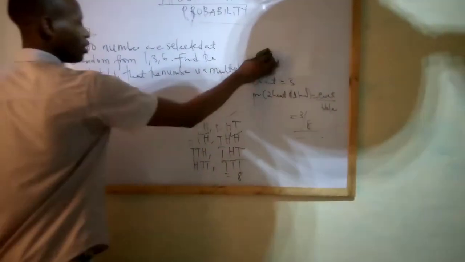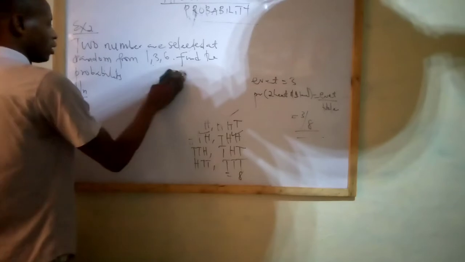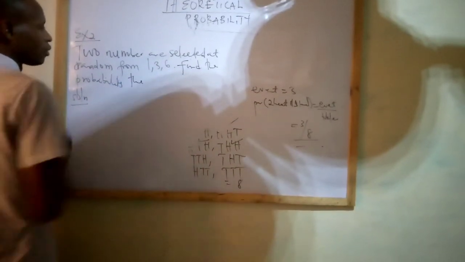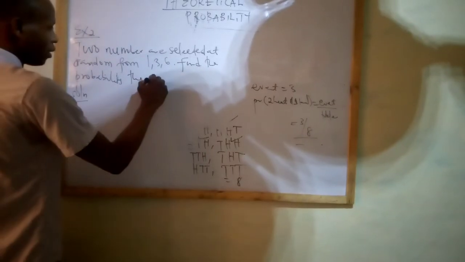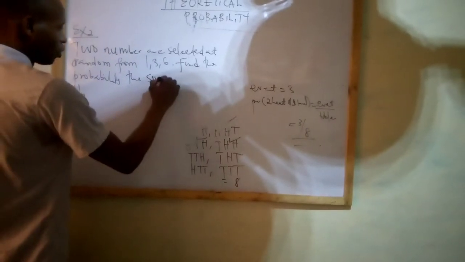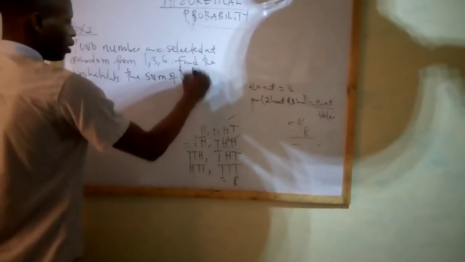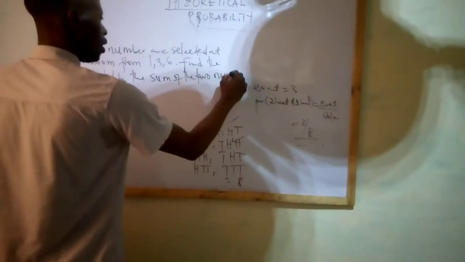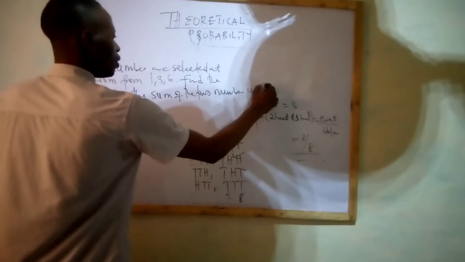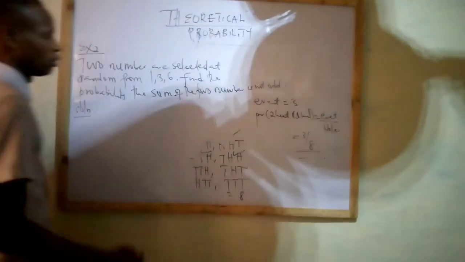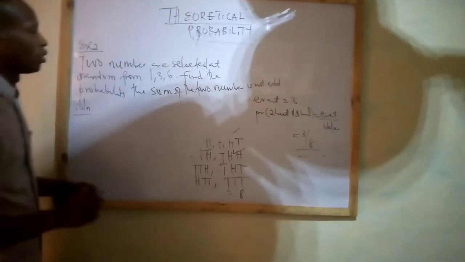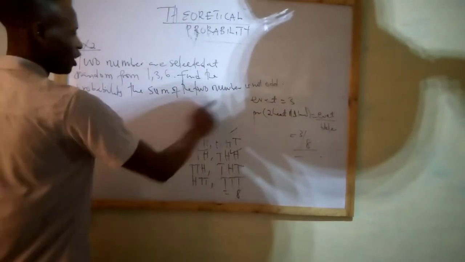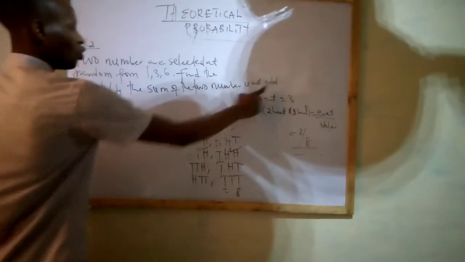Find the probability that the sum of the two numbers is not odd. And this is the question. That other one is not correct because there is no way I can get 9, so I please change the question. Find the probability that the sum of the two numbers is not odd.